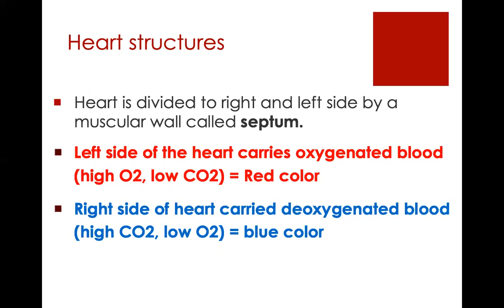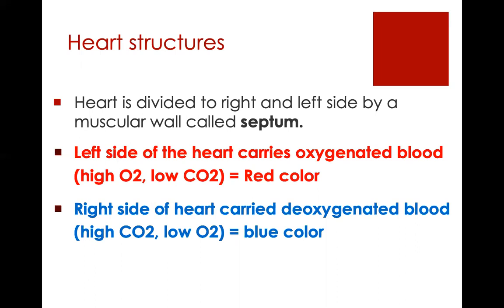Now, when your blood has dropped off its oxygen, it is referred to as deoxygenated blood. Deoxygenated blood also has a high level of carbon dioxide. So you're literally reversing the concentration of gases when you compare oxygenated versus deoxygenated.